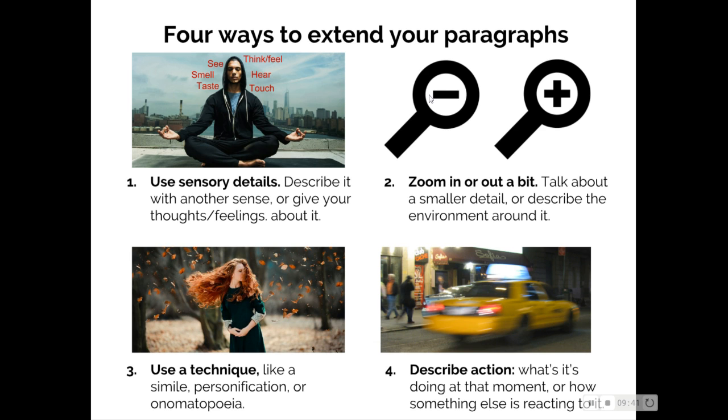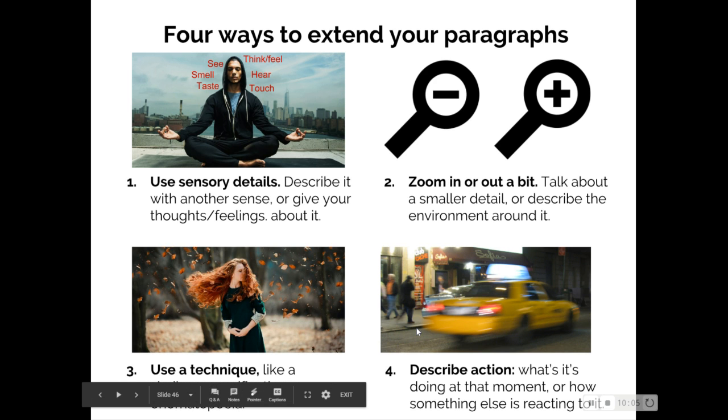You could also, as another way of extending your paragraphs, zoom in or zoom out a little bit. You could zoom in and give a small detail about it, or you could zoom out a bit and describe the environment immediately around it. You could extend your paragraph by using a technique like a simile, personification, or onomatopoeia.